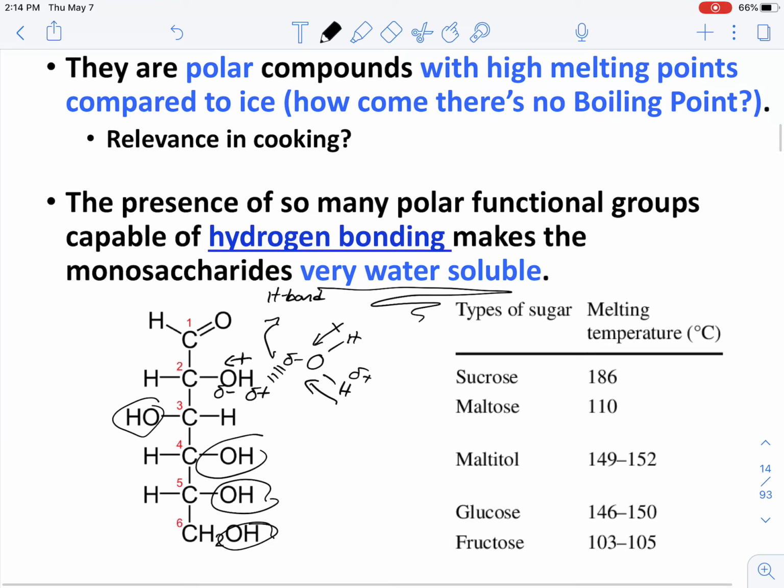And because there are so many hydroxyl groups, there are many points of contact, if you will, for hydrogen bonds to occur.